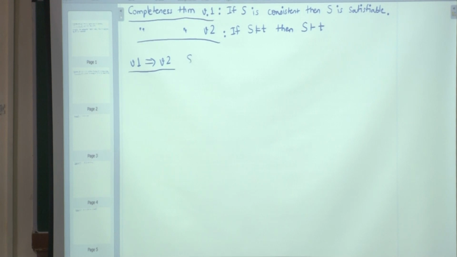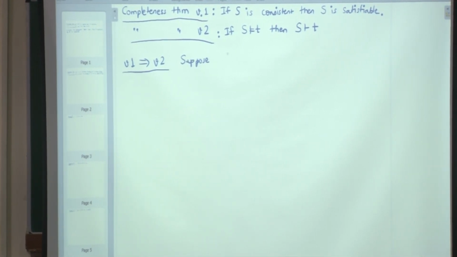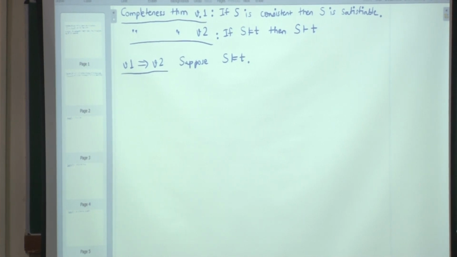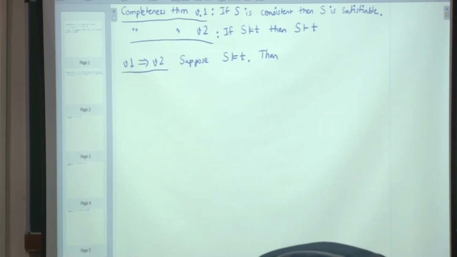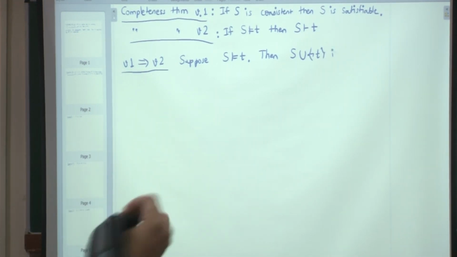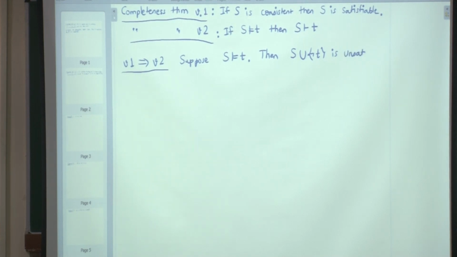Okay. So suppose T is a logical consequence of S. Then S union negation T is contradictory or unsatisfiable. Then by the contrapositive of version 1, S union negation T is inconsistent.